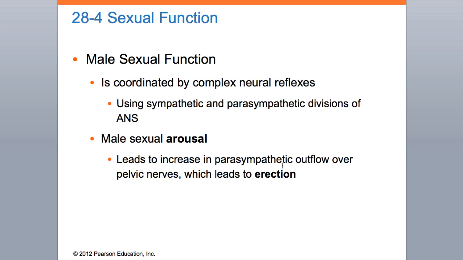So just like your digestion, just like your urinary, the on mode is parasympathetic when it comes to sexual function. So the on mode is parasympathetic for urinary, digestion, and sexual function.